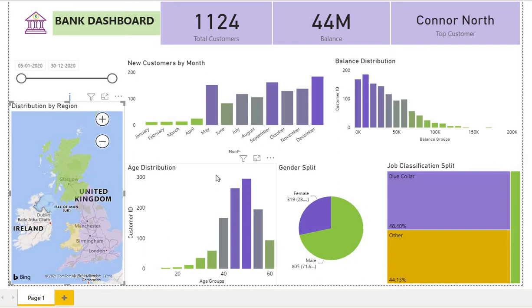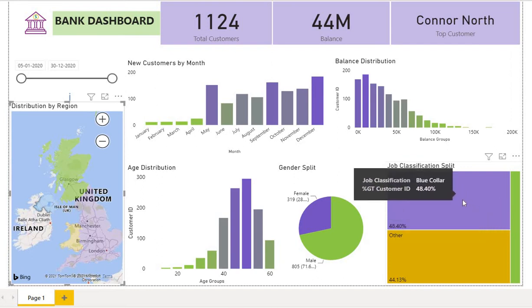Next, the age distribution we can see here is mostly from the group of 45 to 55. Majority of the people are from the age group of 45 to 55. And in the gender split, we can see that there are more number of males, that is approximately 72%, than the females, that are approximately 29%. Now, the job classification, we can see here that the blue collar jobs are more compared to the white collars and the other.